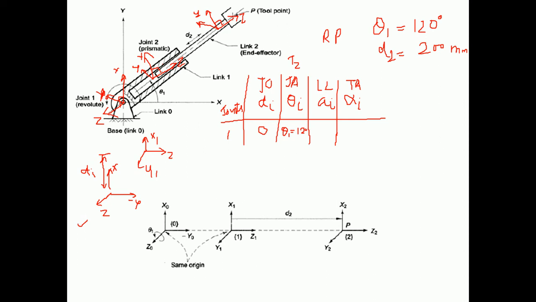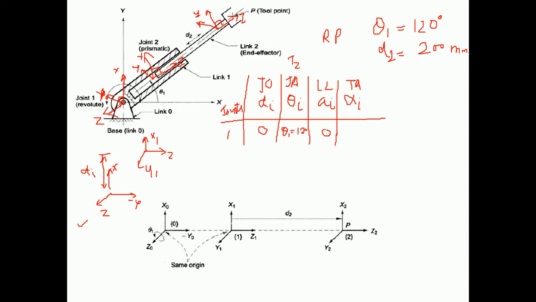Next thing is that for finding the link length and twist angle, you can see over here there is no distance between link 0 and link 1. So the link length is going to be 0, and for the twist angle we have to keep the z axis parallel to the common normal by doing a rotation about x axis.